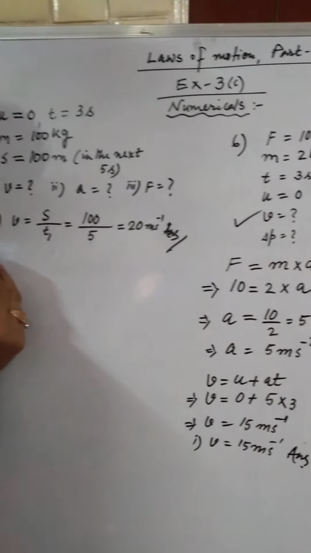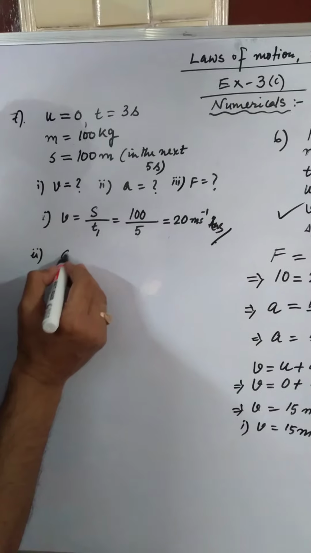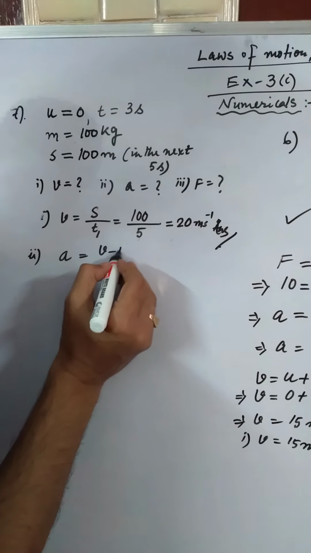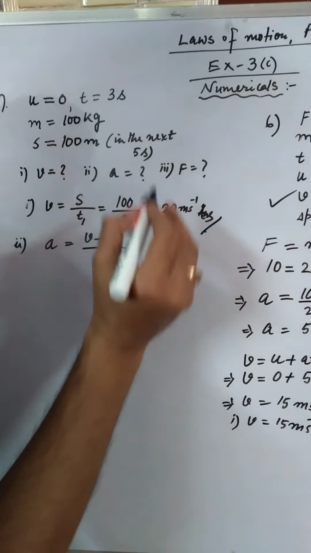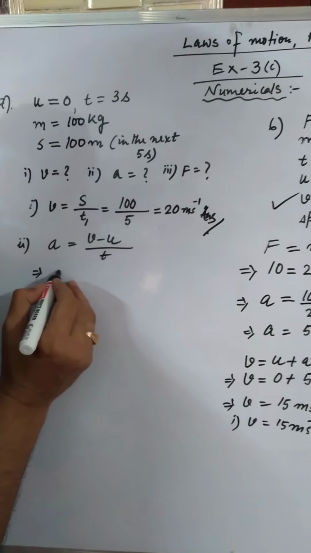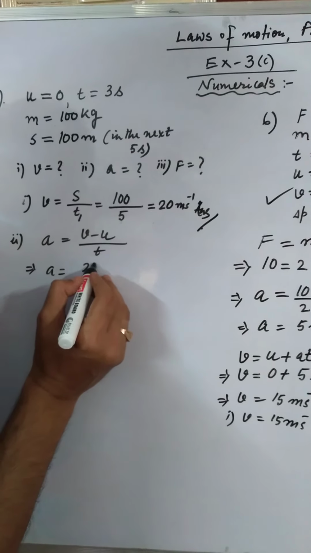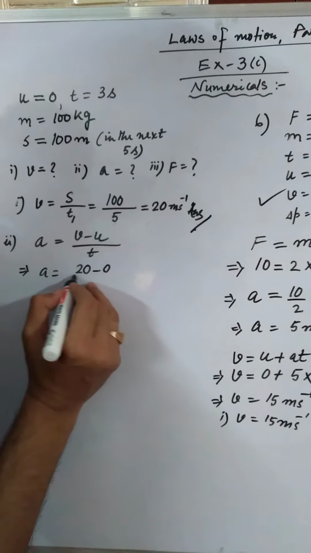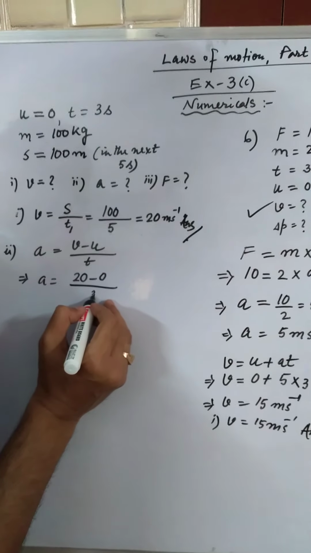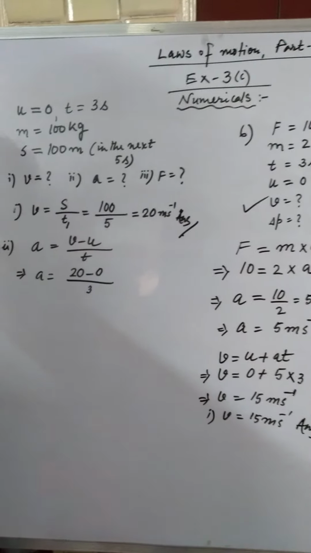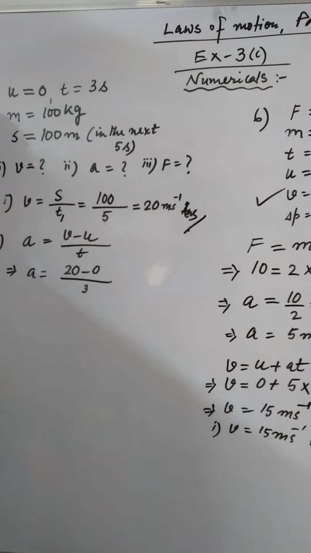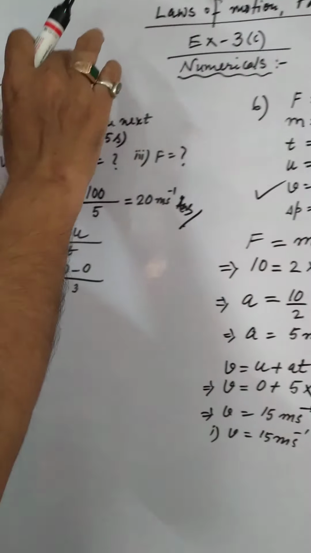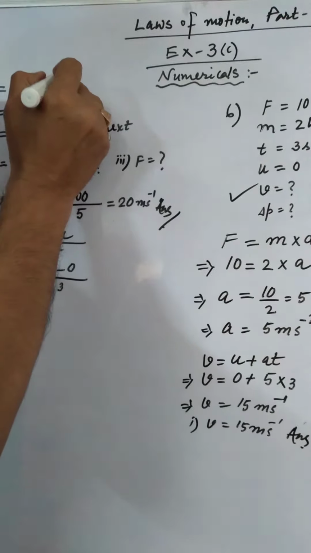Next you have to find out the acceleration. A is equal to V minus U by T. So V equal to 20 meter per second, U equal to 0, and the value of T equal to 3. I am sorry, I made a mistake here. The time duration is 10 seconds.